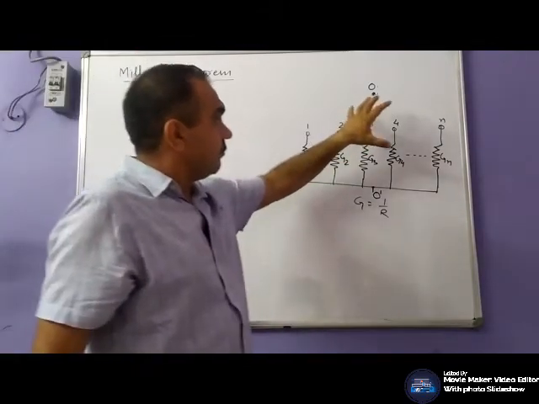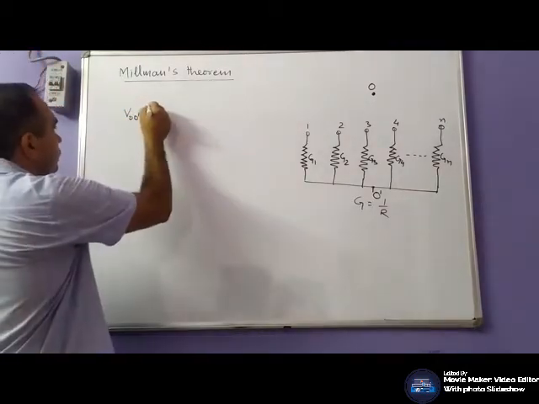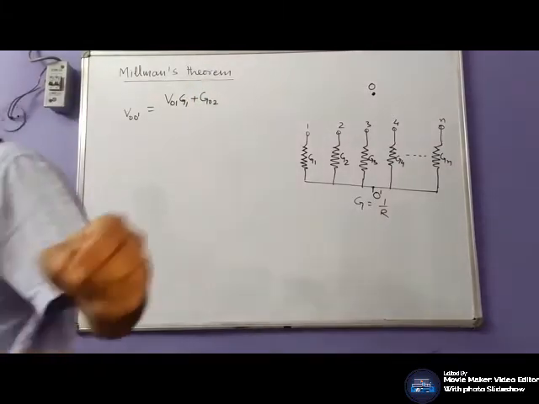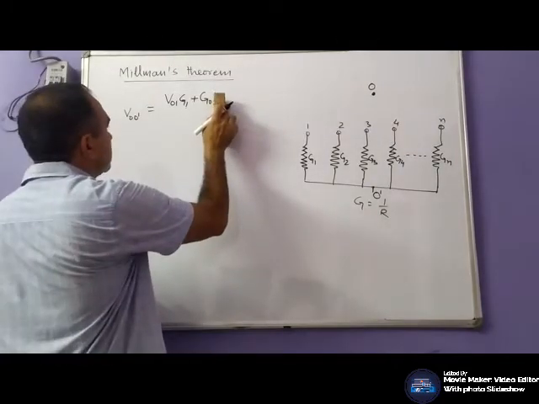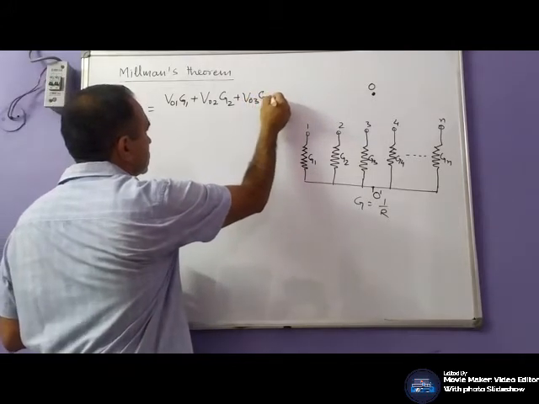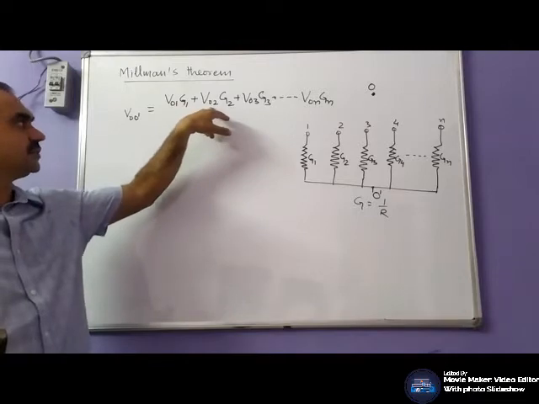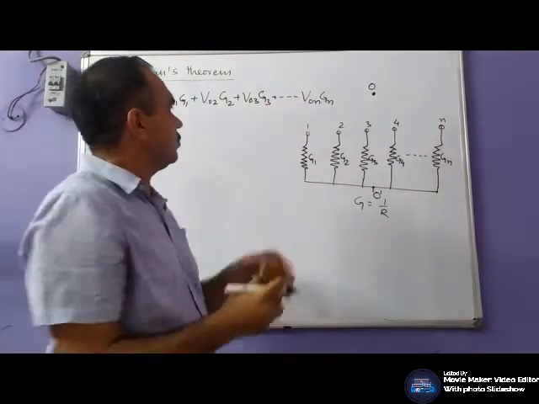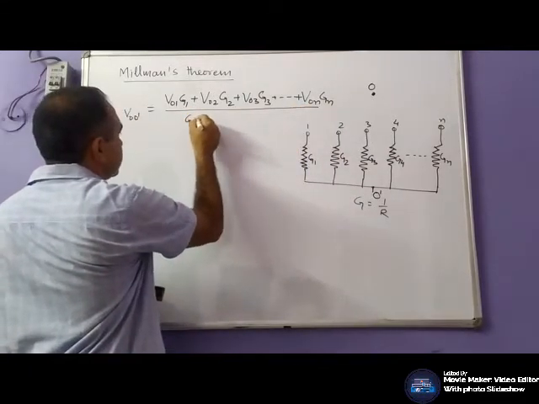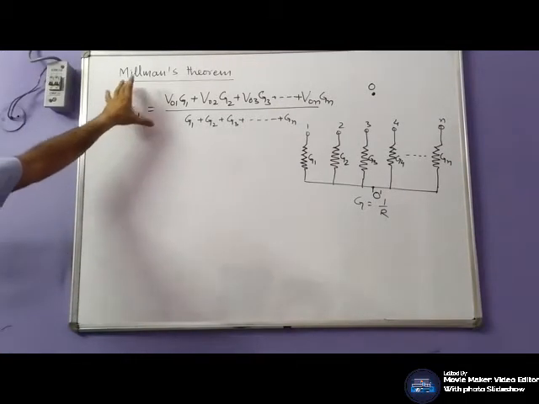Then the voltage across V00 dash would be equal to V01 G1, V02 G2, V03 G3 and so on, V0n Gn, divided by G1 plus G2 plus G3 plus so on Gn. So this theorem gives this result.